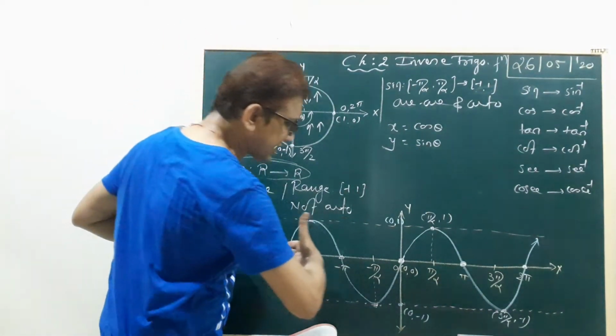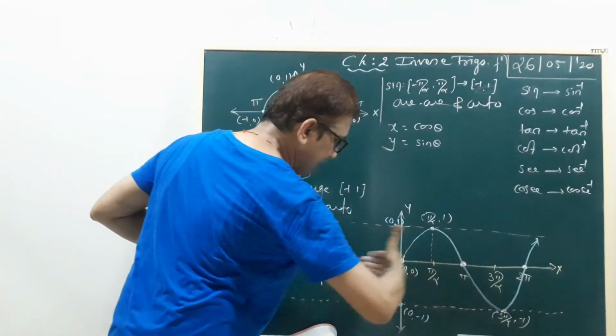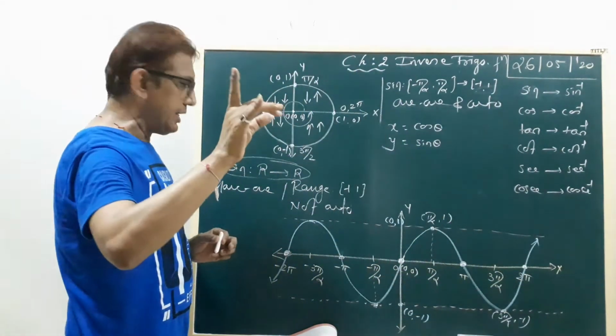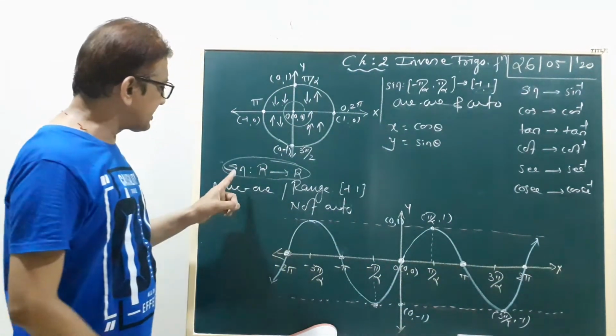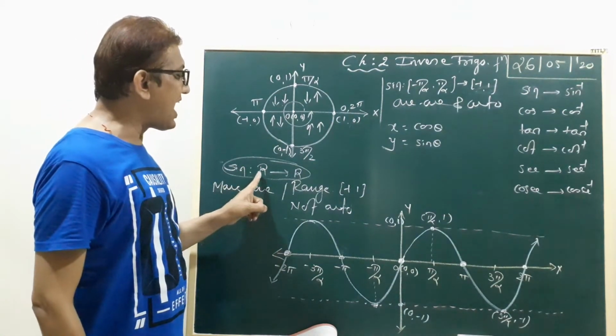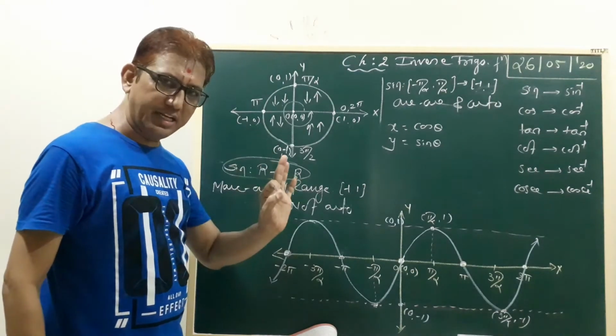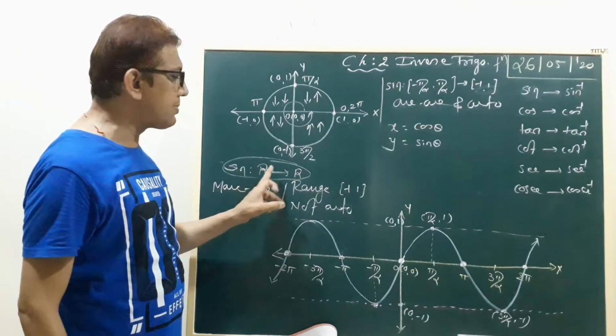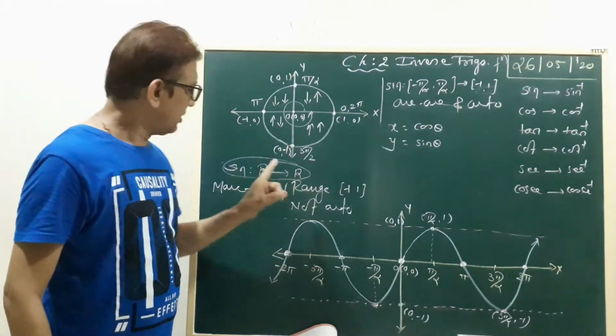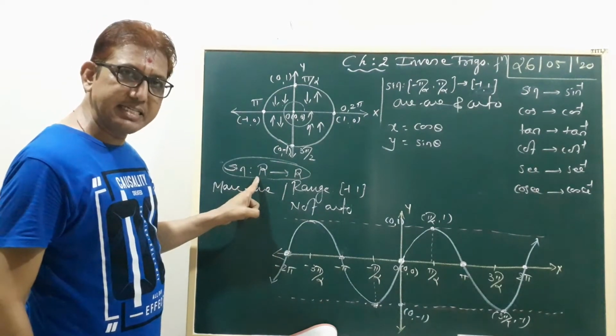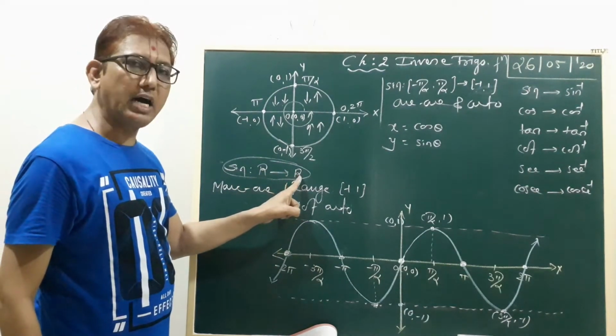So this is your sine graph. Which one? Sine graph, which you studied in 11. Sine is a function from R to R. In the trigonometric chapter, sine is a function from R to R. The domain of sine is R. The codomain is also R.